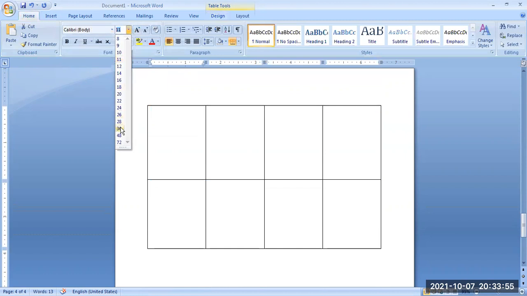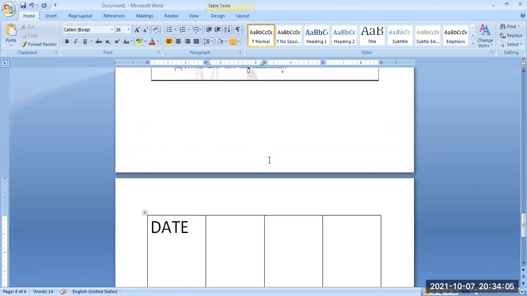The first column I am mentioning as date. Then what is the data?